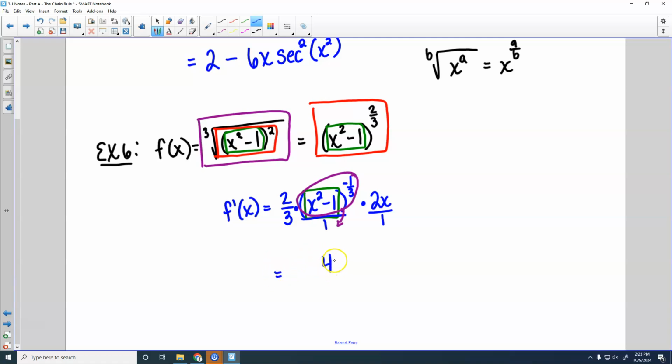So that's going to be 4x in that numerator. And then in the denominator, there's a 3. And then I'm moving my x squared minus 1 down to the bottom and giving it a positive exponent. They may leave it like this. They may also change it back to a root, like so. It'll probably be left one of those two ways.